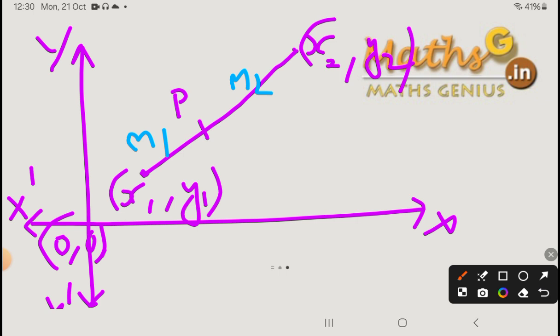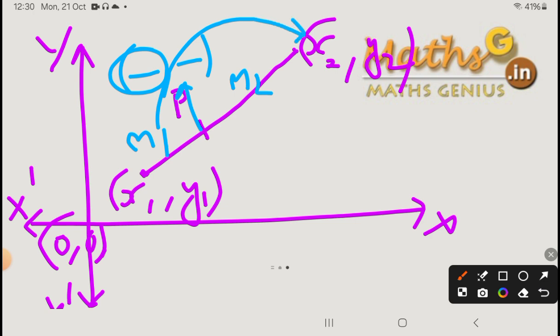Then how to find the coordinates of the point P? Now simply the x coordinate of the point P will be m1 into x2 plus m2 into x1, divided by the ratio sum. Let me show you that one.